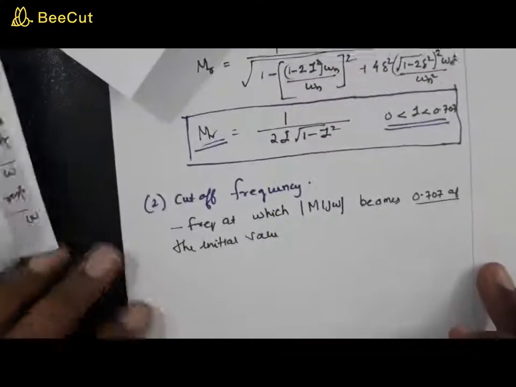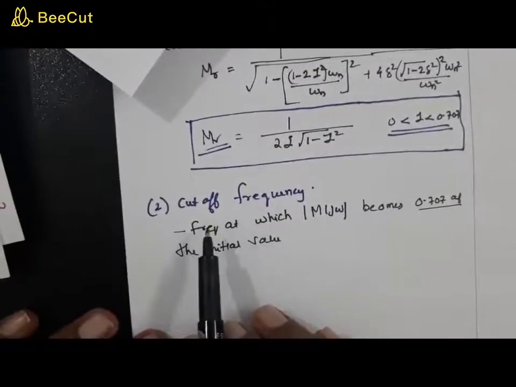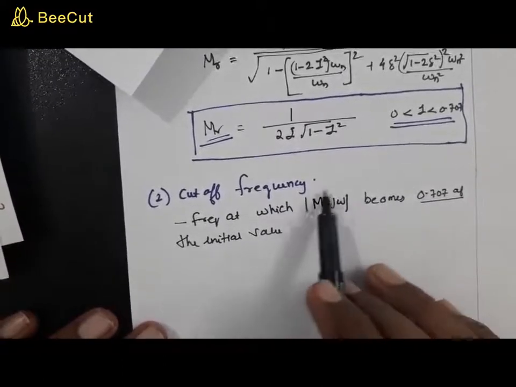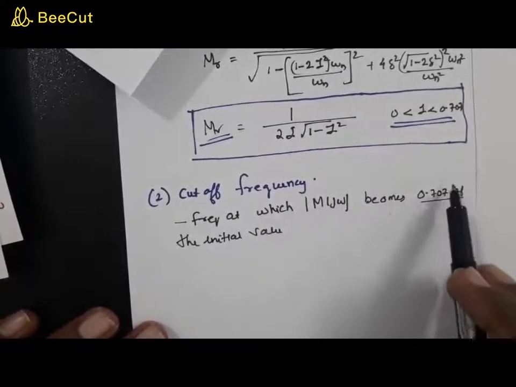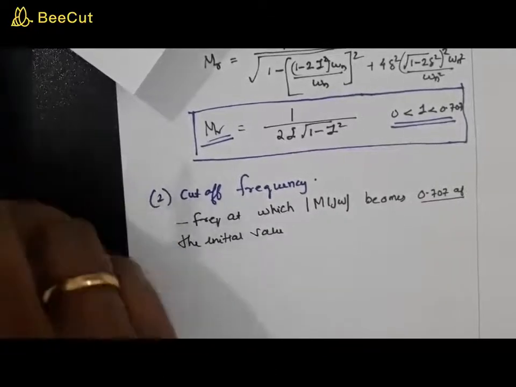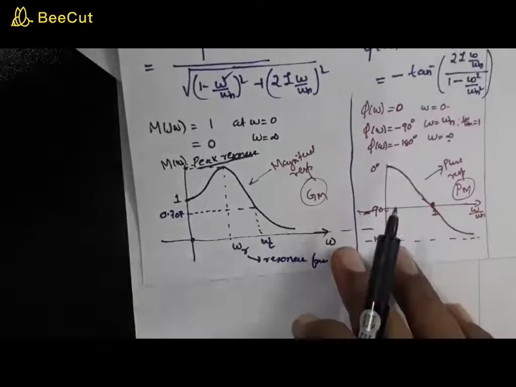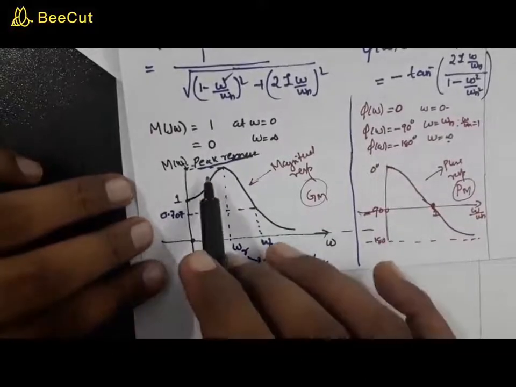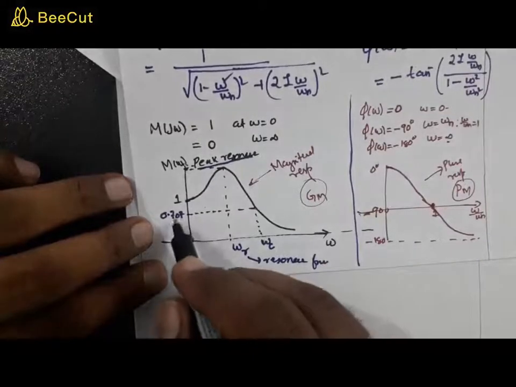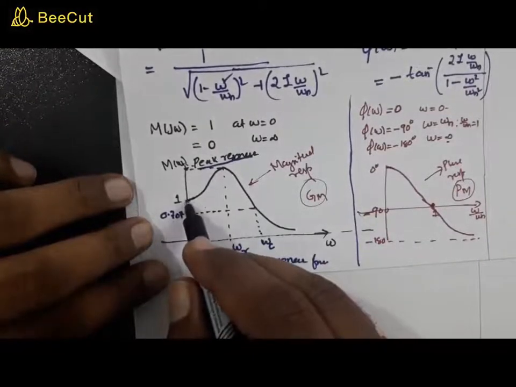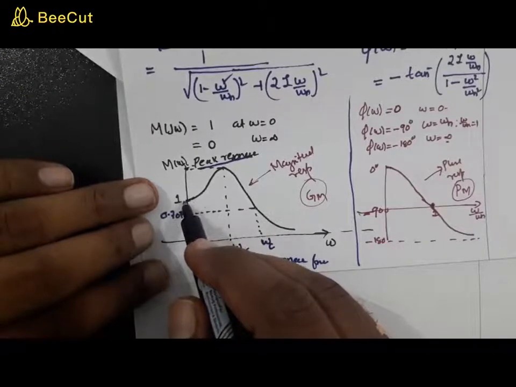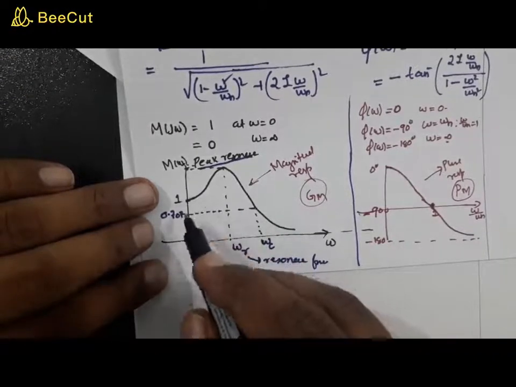Now next is the cutoff frequency. What do you mean by cutoff frequency? It is defined as the frequency at which the magnitude of the response becomes 0.707 of the initial value, as I've already explained in the previous video. Look at this, the magnitude response of a second order system, and this is 1, that is the value at omega equal to 0.